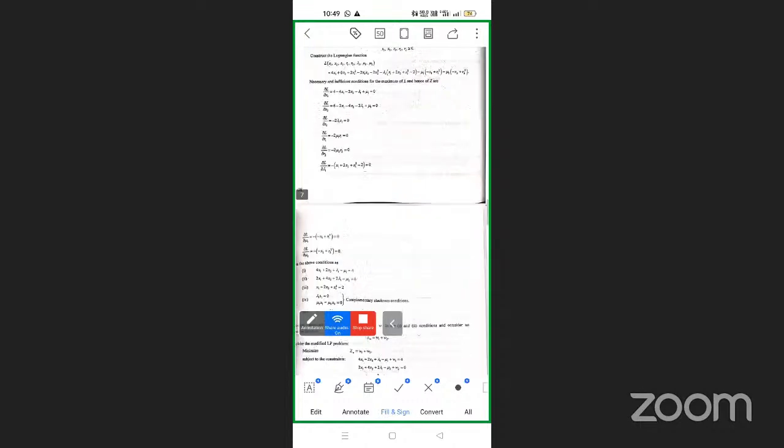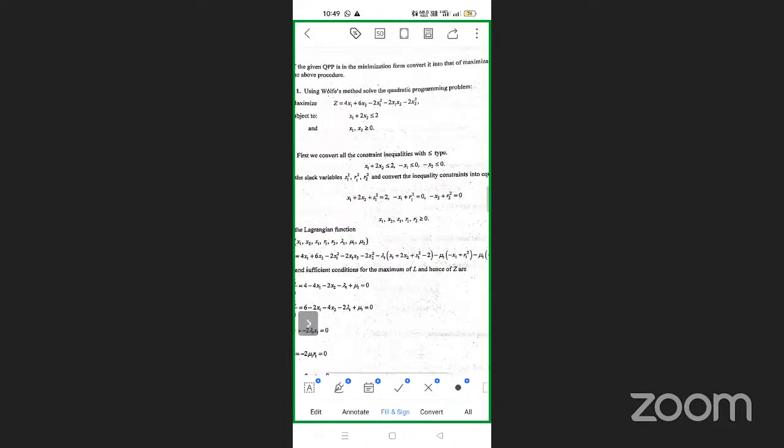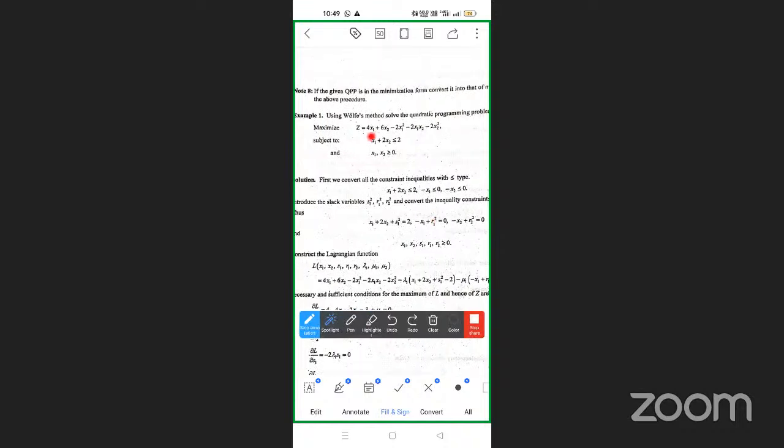So the maximum value of z is 4 into x1 plus 6 into x2, minus 2 into x1 square, minus 2 into x1 x2, minus 2 into x2 square. Substitute the x1, x2 values in this maximum of z. The total answer, 25 by 6, is the answer.